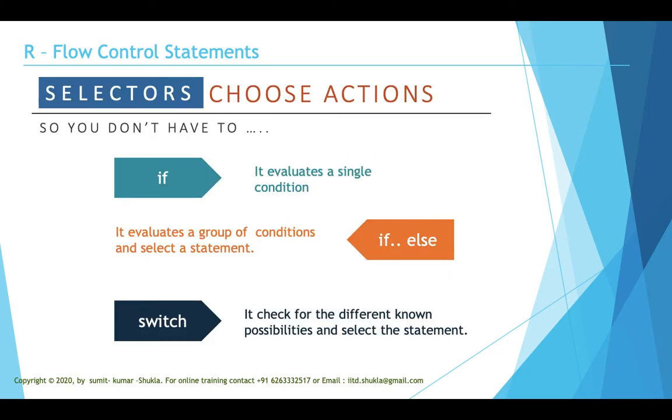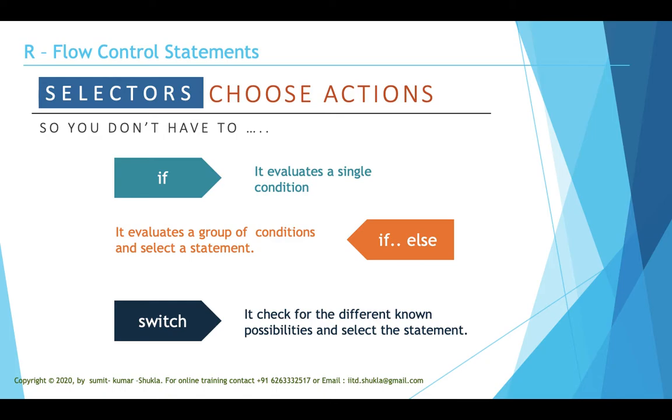Okay, so we have some called selection statements. These are basically selectors, and we have 3 kinds: if, if else, and switch statement. Okay, so what will if do? An if statement consists of a boolean expression followed by one or more statements, and it will evaluate a single condition. Now what will if else do?